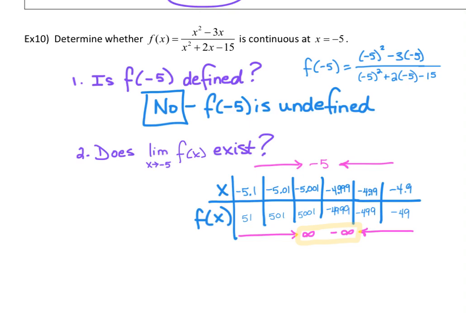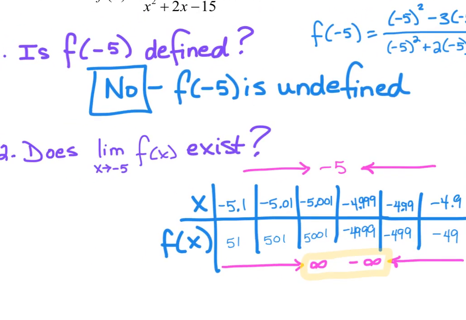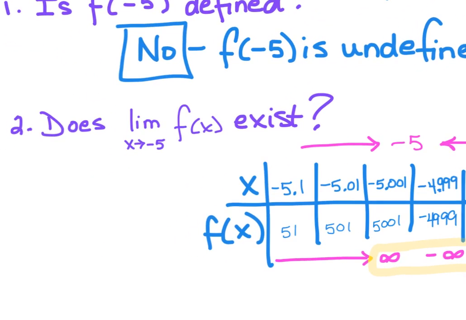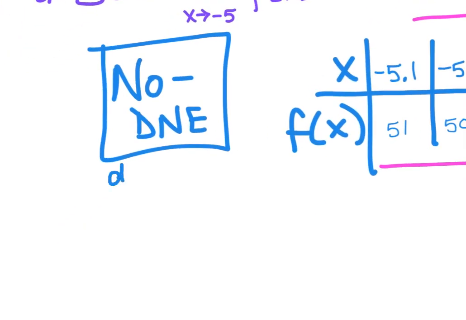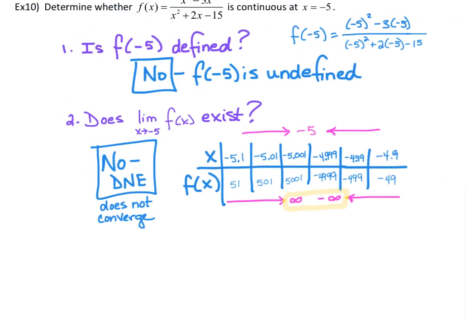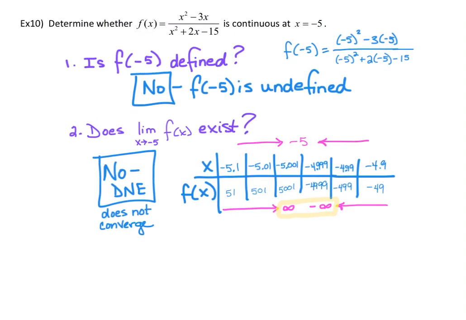So your answer to the question in number 2, does the limit exist? Well, no, the limit doesn't exist. D N E, and it does not converge to a value. Let's just write does not converge. Okay. So now you've got your first two steps.